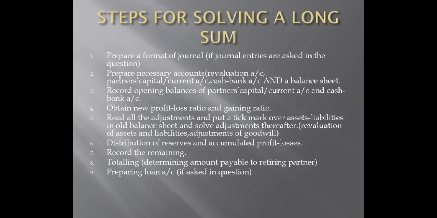Then you will check your balance sheet. If you are provided with the balances of current accounts, then you will prepare current accounts also. Otherwise, you are going to prepare partners' capital accounts, and of course, revaluation account and cash and bank account.